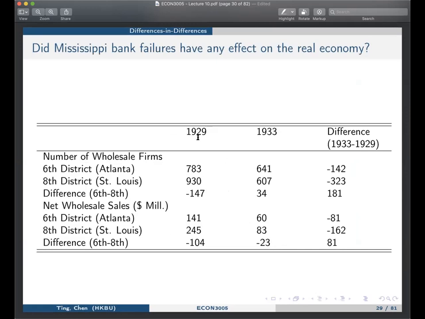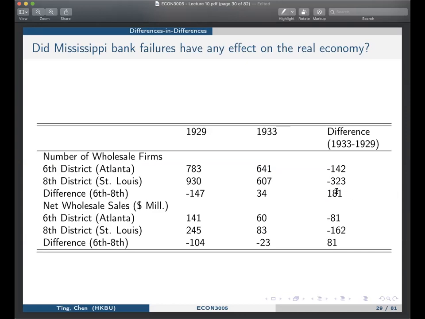And we look at the data in 1929 pre-treatment and 1933 post-treatment. So this is for the treatment group and the difference, and the control group and the difference. And then we take the difference at the margin. This is the outcome we have.